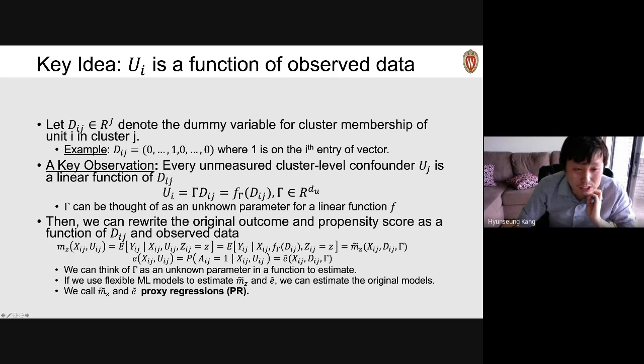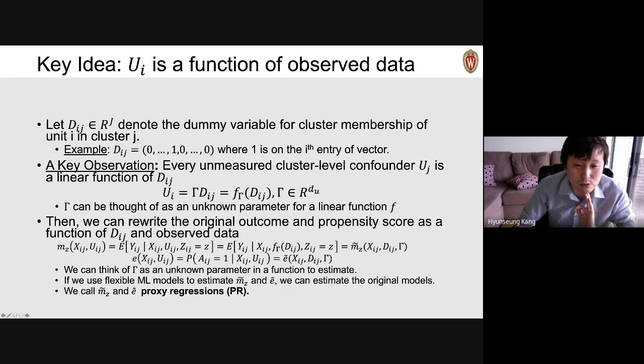Based on this fact, we can take the original outcome model or the propensity score model as written, and just plug in this expression. What you get in this second line is that this effectively becomes a supervised machine learning problem, where you're trying to predict Y based on X, d, and Z, and gamma can be treated as an unknown parameter in your supervised learning model.